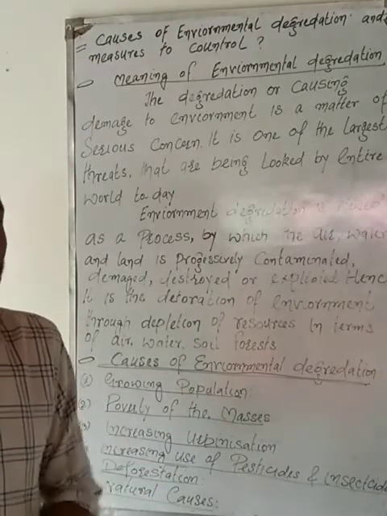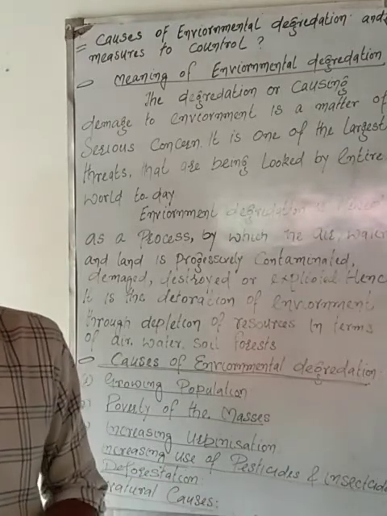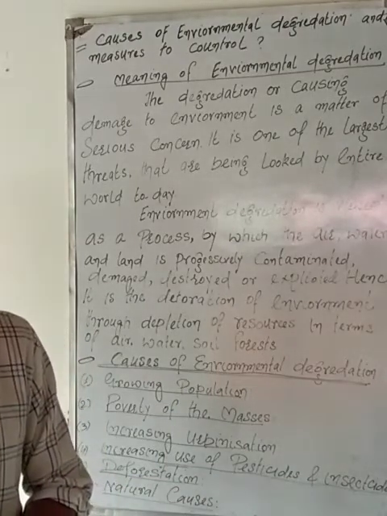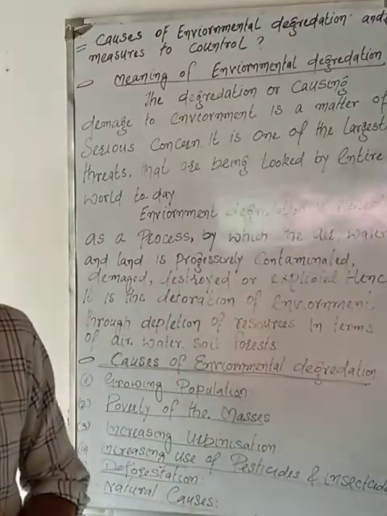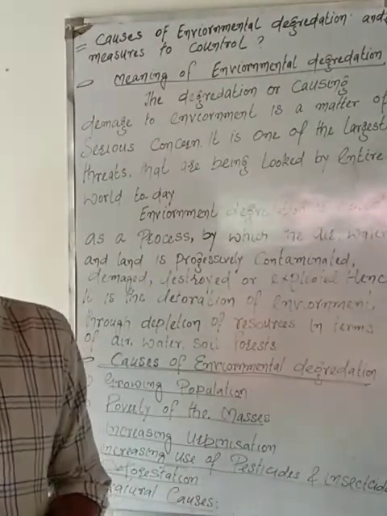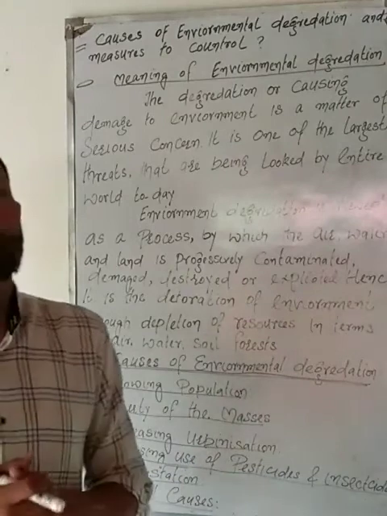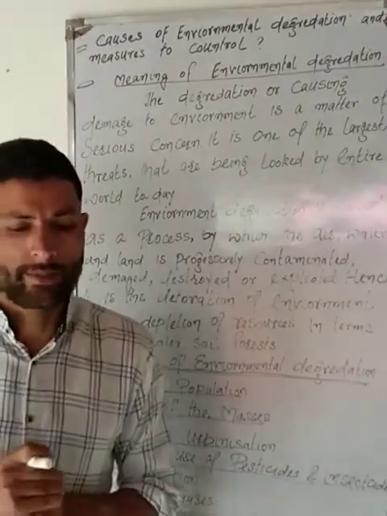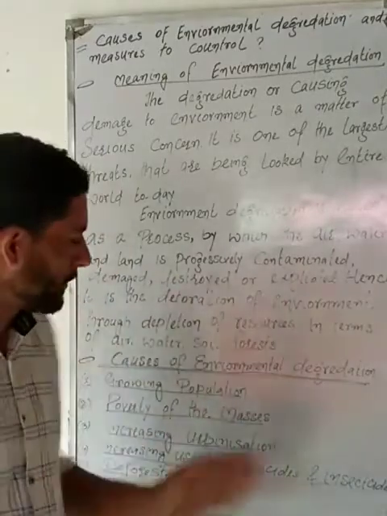It has been pointed out that it has been done by the anthropogenic activities where mostly the human beings are involved. So the growing population, how does it create damage to our environment? It has various aspects.